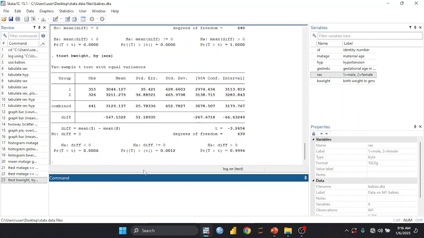All right. So our null hypothesis says that the difference equals zero. That means there is no difference, while the alternate hypothesis says the difference is not equal to zero. Now, this is 0.0012. It is less than 0.05, which means that there is a significant difference. That is, it is not zero. There's a significant difference between birth weight of male children and female children. And that means that 326 is statistically and significantly higher than 315.